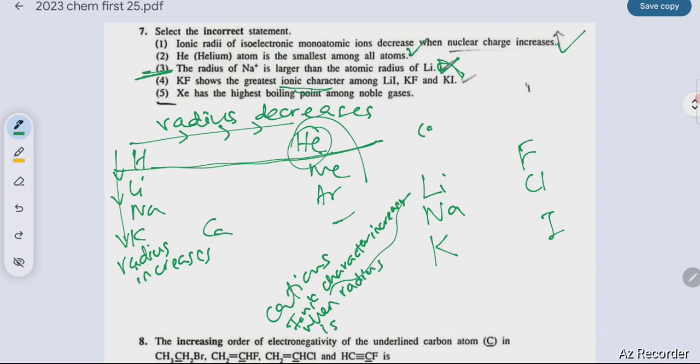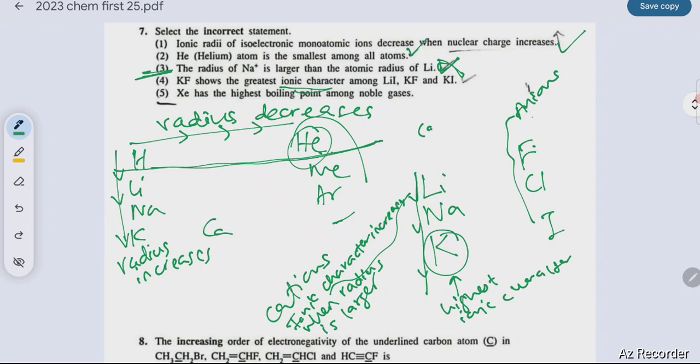Down the group, their radius becomes larger, therefore the highest ionic character is for potassium. Now fluorine, chlorine and iodine form anions.